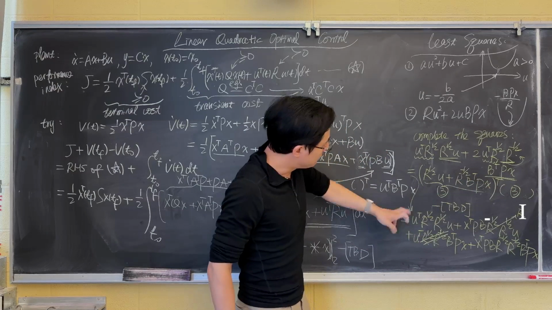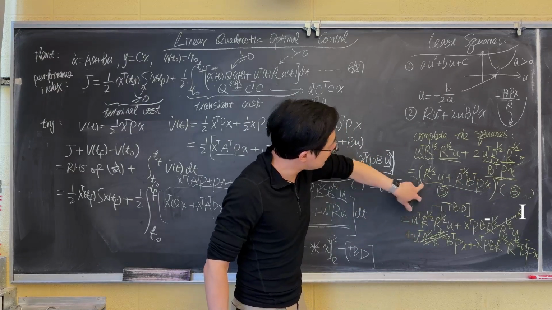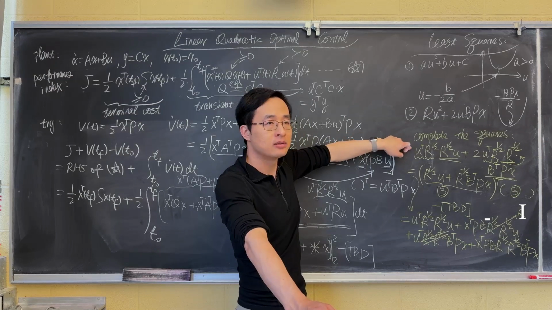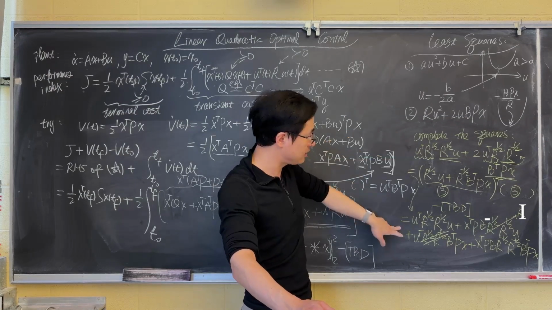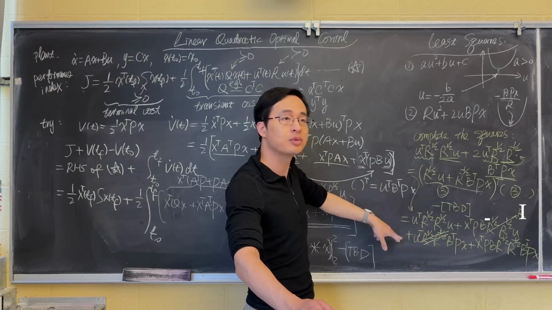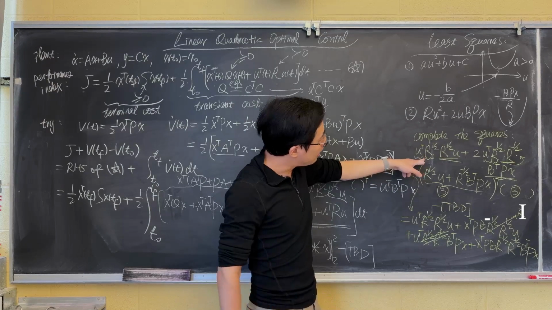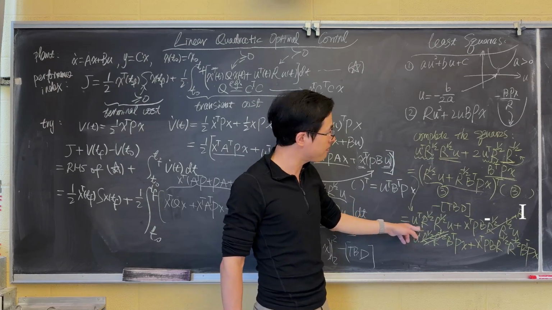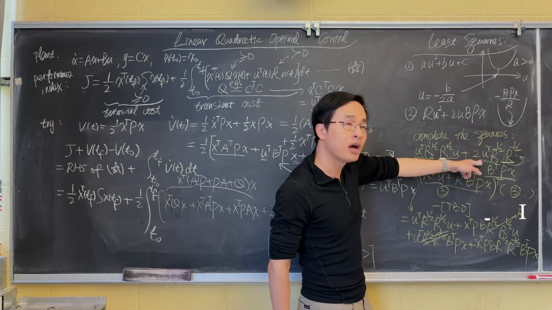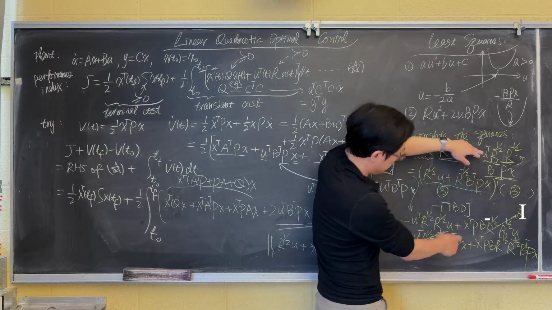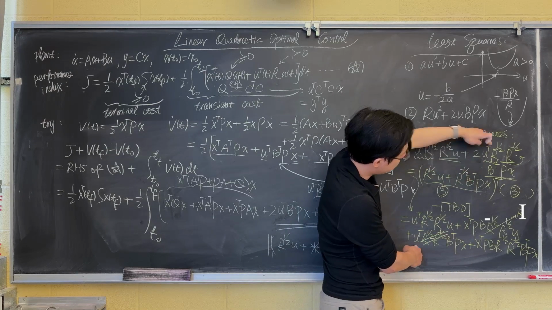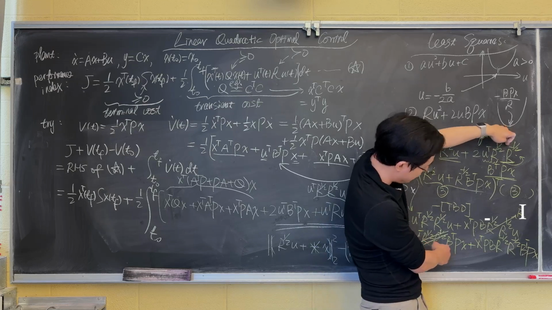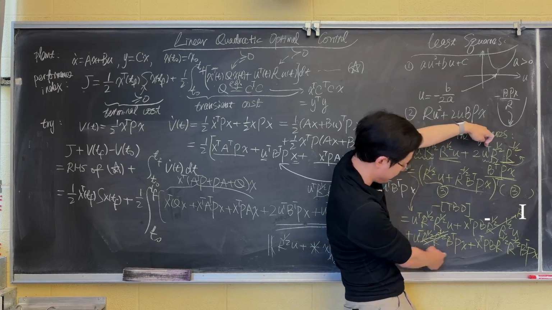Now, to make this entire thing equal to this, what should we add or subtract? So we compare this and just see what is the difference between these two. We have U transpose RU, so the first term is the same. This cross product term, we have U transpose and then R^(1/2), R^(-1/2) times B transpose Px. So we have one of them appearing here.